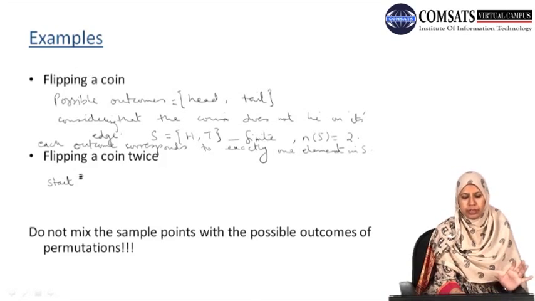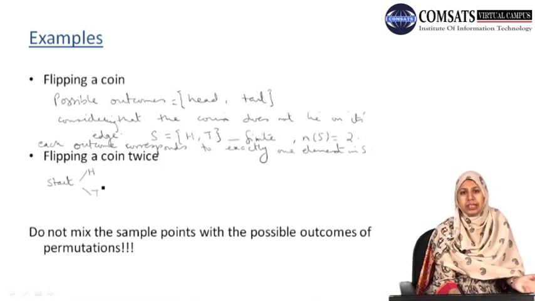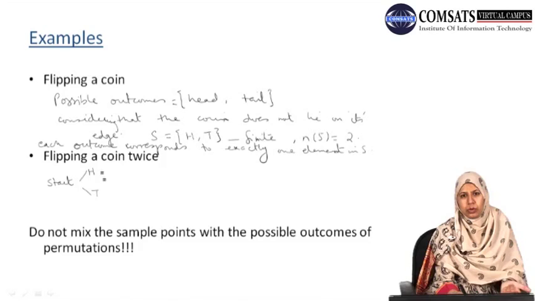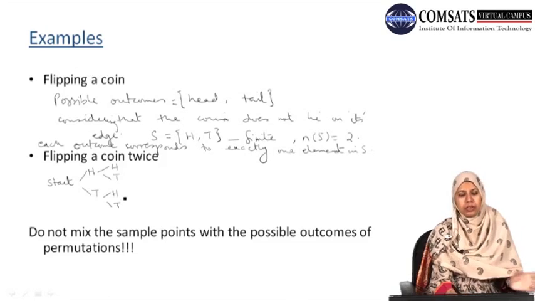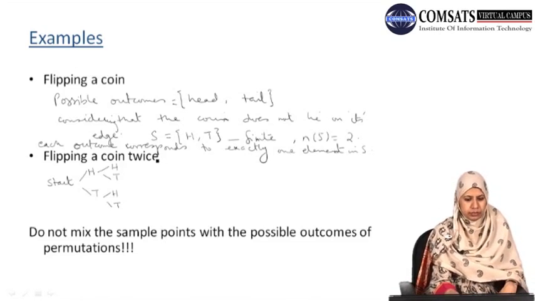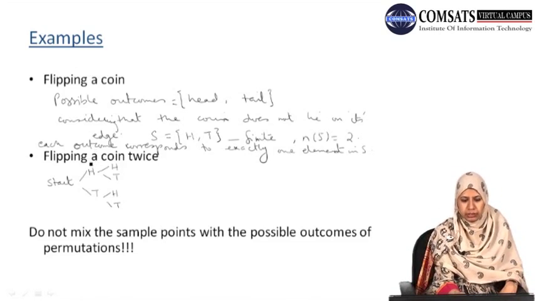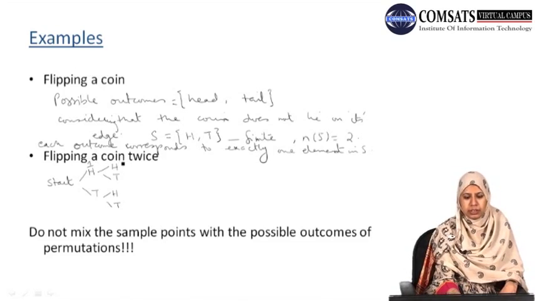If we flip a coin first, we have two possibilities, that is, either we will obtain a head or a tail. Then we flip the coin again, which means that again we have two possibilities for each of them, either a head or a tail. So this is our stage 1, flipping a coin once. This is our stage 2, flipping a coin twice.